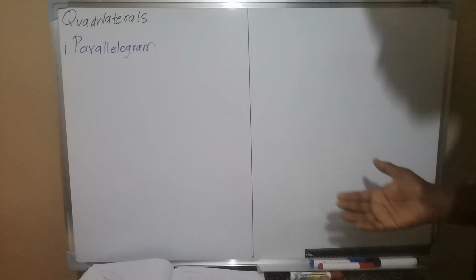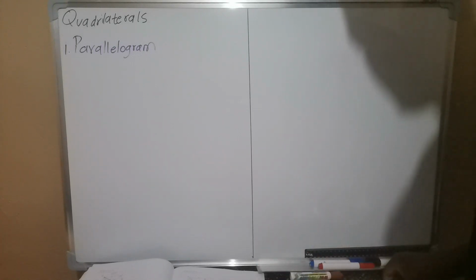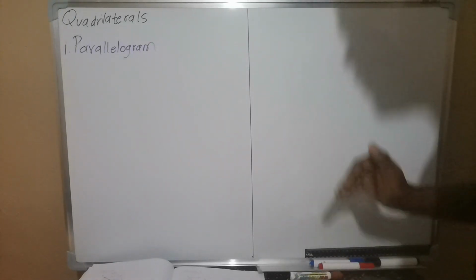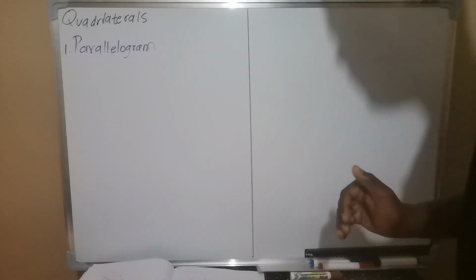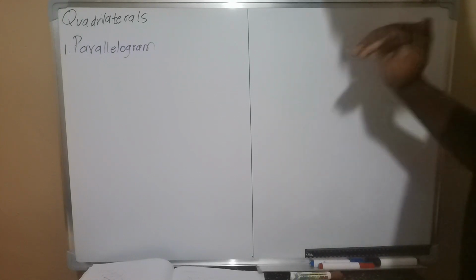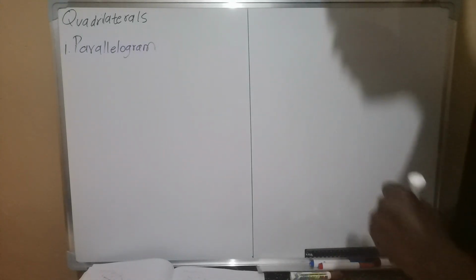Today you're going to understand that if you say a particular quadrilateral is a parallelogram, which features can you recognize to show that indeed this particular quadrilateral is a parallelogram. So there are many features. Let me just draw the quadrilateral.